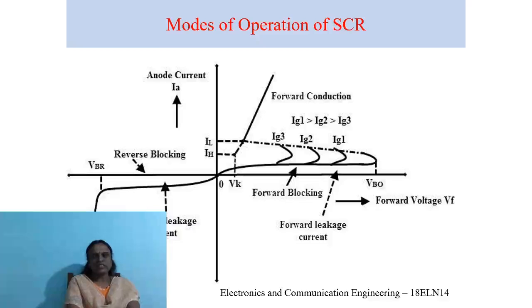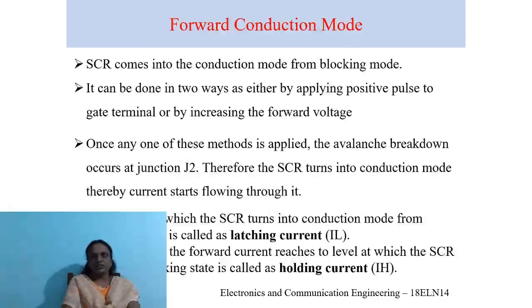Once any one of these methods, I told you these two methods, is applied, the avalanche breakdown occurs at junction J2. Therefore, the SCR turns into the conduction mode and acts as a closed switch.